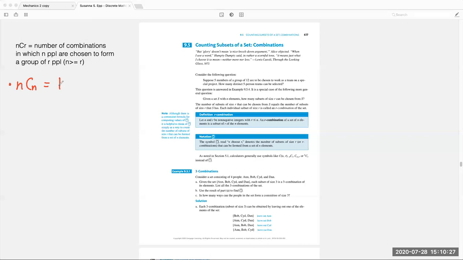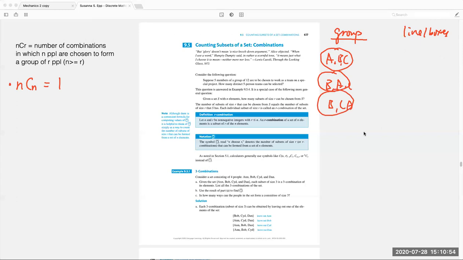So what is the difference between the group and a line or the boxes? In terms of a group, ABC or BAC or BCA, they are all considered to be the same choice.